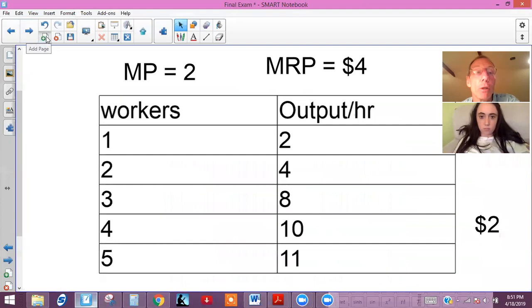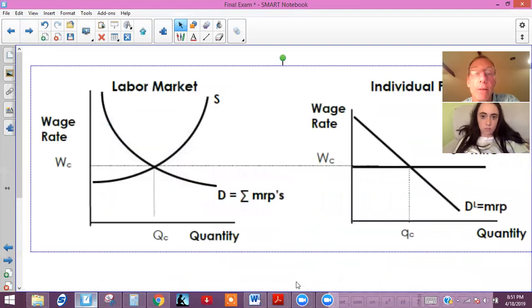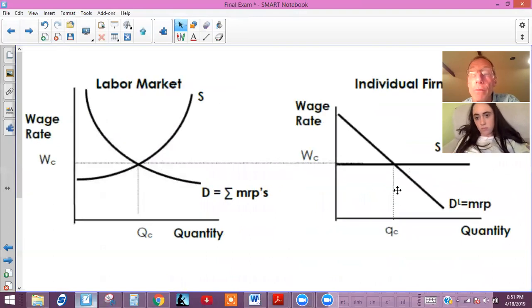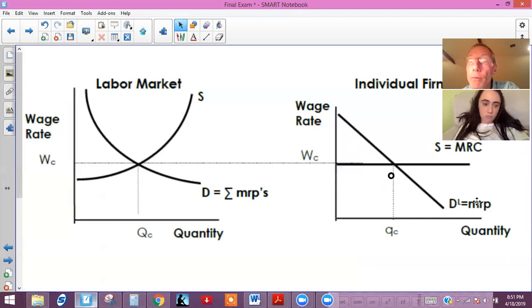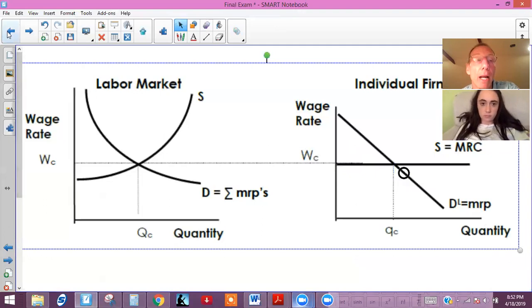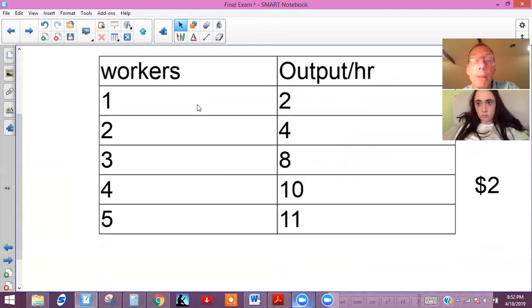What I just showed you is graphically that the fifth worker is the one we don't want to hire, right? That worker has a marginal revenue product of less than the wage. So theoretically, this table would be more like an output of, when you see these tables, this would be a 5.